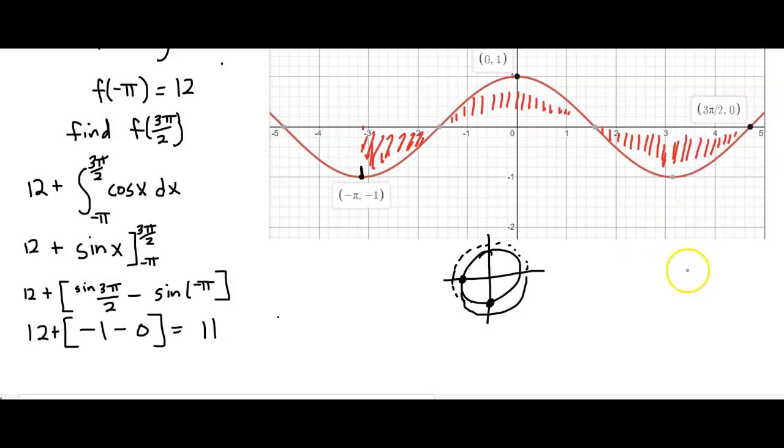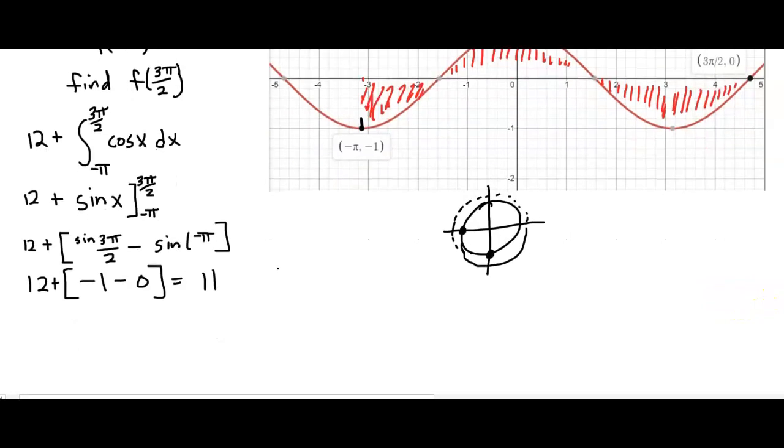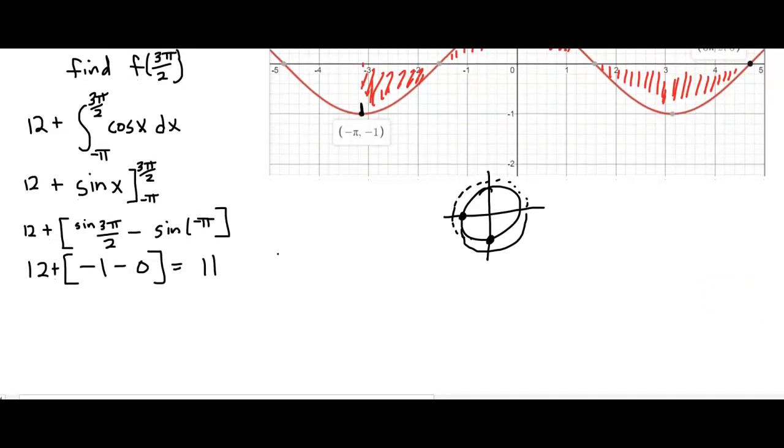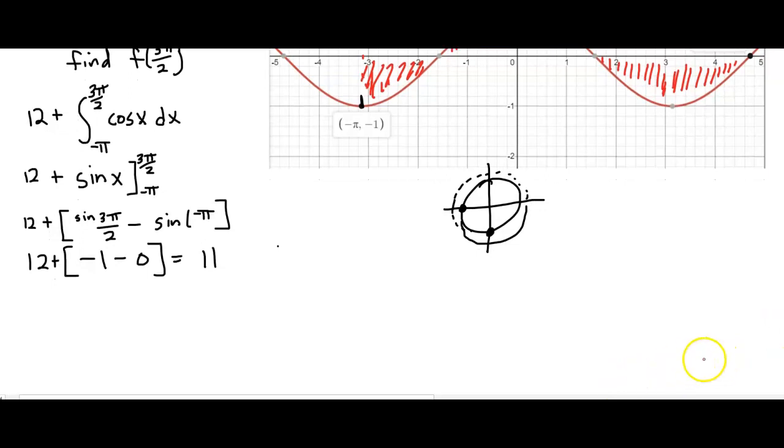So for example, let's say number 8, okay, we pull up the graphing calculator.